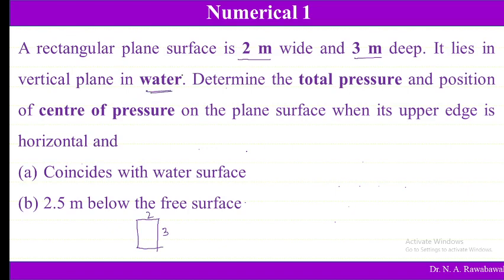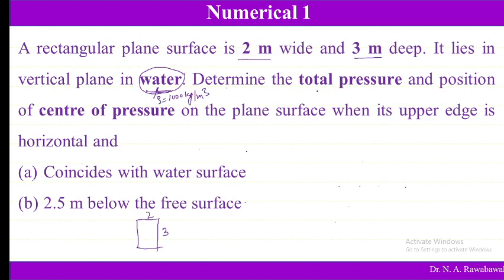This word water gives us data, that is the density of water, 1000 kg per meter cube, which is the density of the liquid in which this plane is submerged.